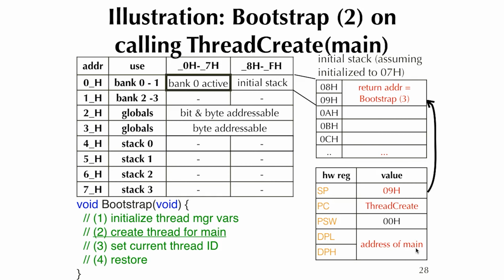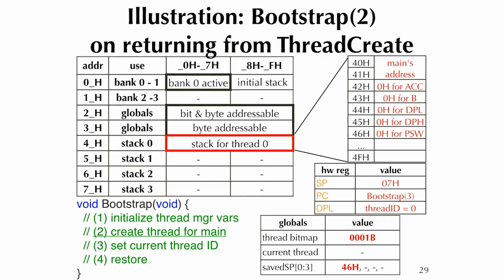Remember, SDCC uses DPL/DPH, or DPTR, to pass the parameter, because main's address is 2 bytes. Okay.